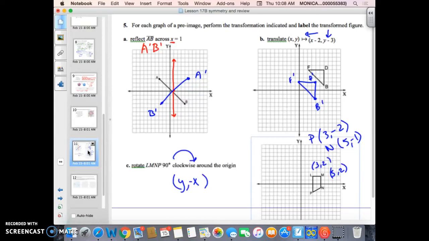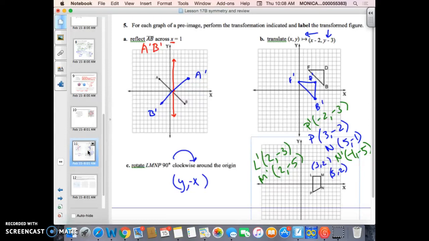All right, so my new coordinates for L, I'm going to write it L prime, are going to be at 2, negative 3. My new coordinates for M prime are at 2, negative 5. P prime is going to be at negative 2, negative 3, and N prime will be at negative 1, negative 5.